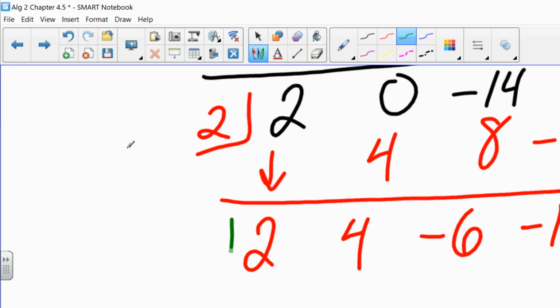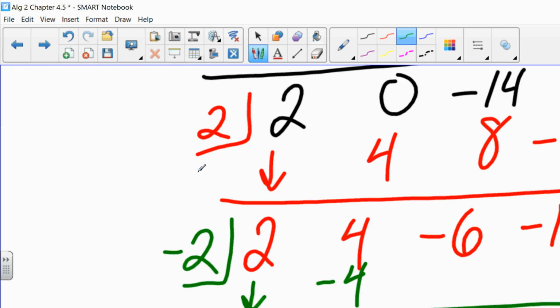So what number can we try next? Negative 2. Well, negative 2 times 2 is negative 4. 4 plus negative 4 is 0. Negative 2 times 0 is 0. Negative 6 plus 0 is negative 6. Negative 2 times negative 6 is positive 12.